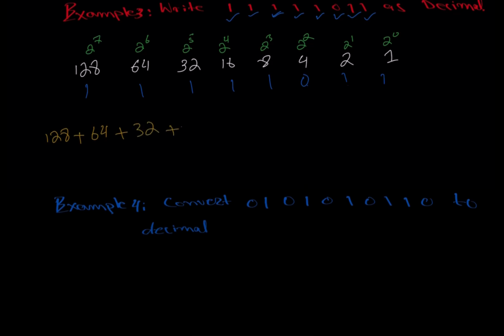The next number is 16. The next is 8. You can skip 0, because adding 0 will not mean anything. You can add 0, but I will just save some space. It'll be 2, 1. Add all these numbers together and see what we get.